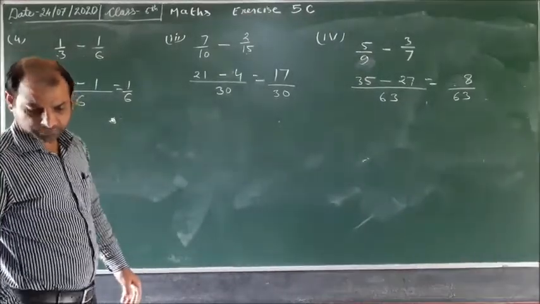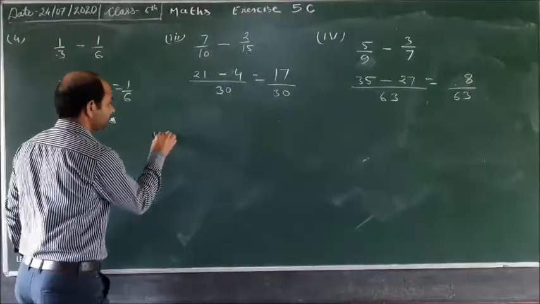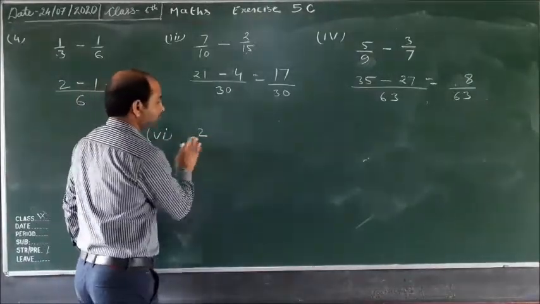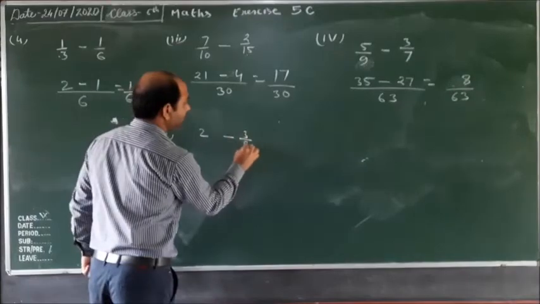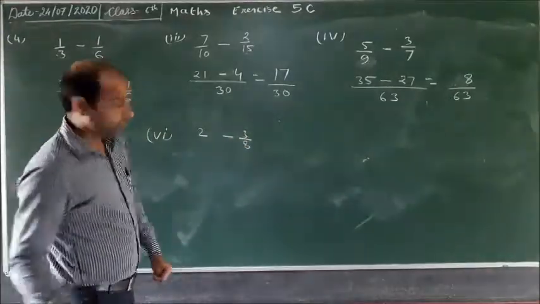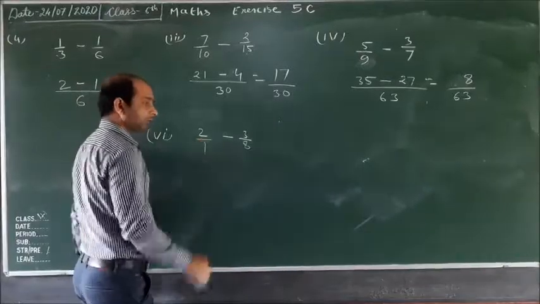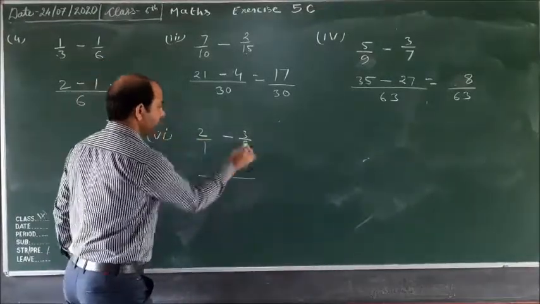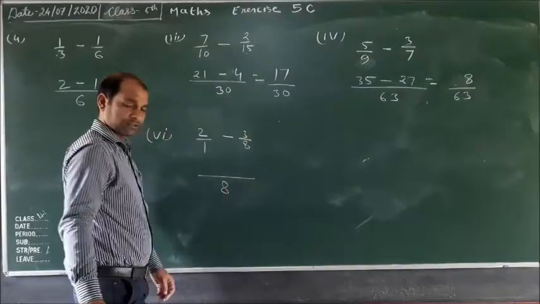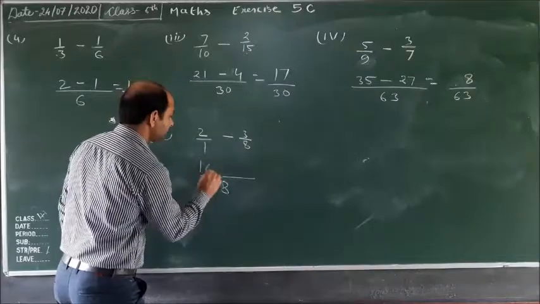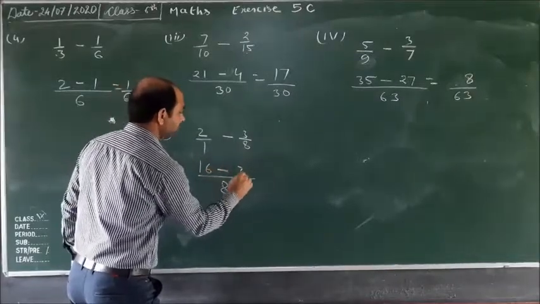Okay. Now dear children, next question number 6: 2 minus 3 upon 8 equals. So dear children, we write here in the denominator 2 upon 1. Now take the LCM of 1 and 8, the LCM is 8. 1 times 8 is 8, 8 times 2 is 16, 8 times 1 is 8 and 3.